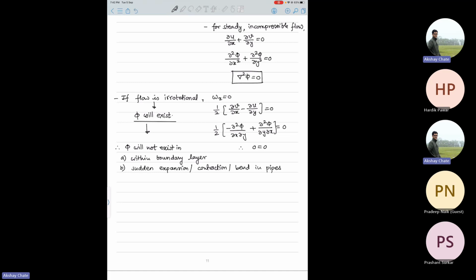There also the fluid gets rotational tendencies, and therefore you cannot define the velocity potential function there.